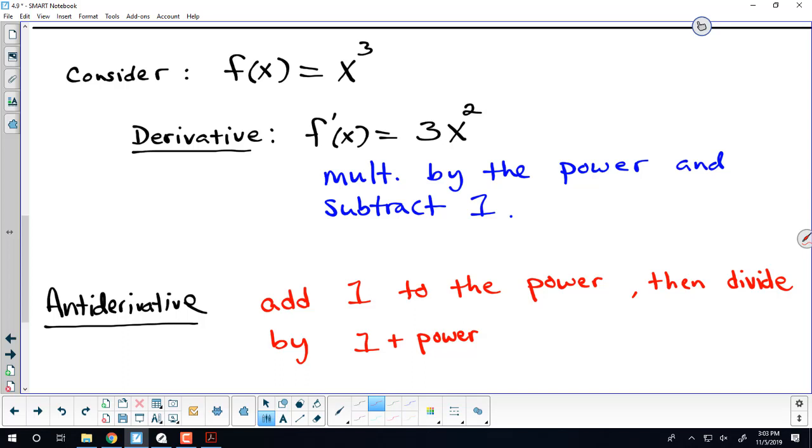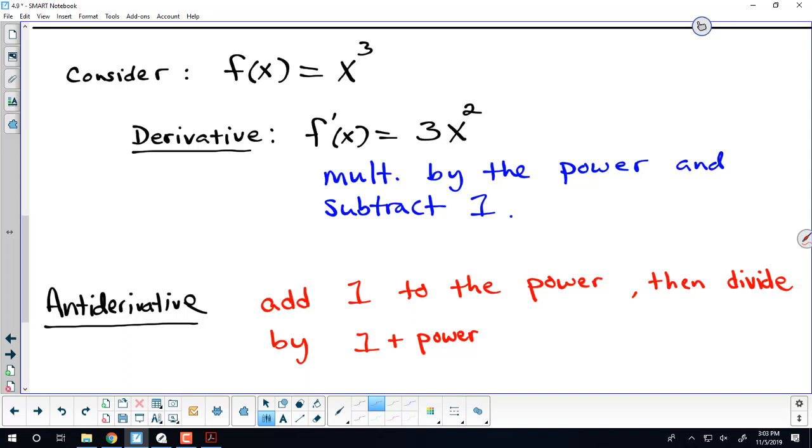Is that reasonable as reversing the derivative for a power? For the derivative, we multiply, then subtract 1 from the power. The antiderivative is the complete opposite of that. You first add 1 to the power, then divide by the result.